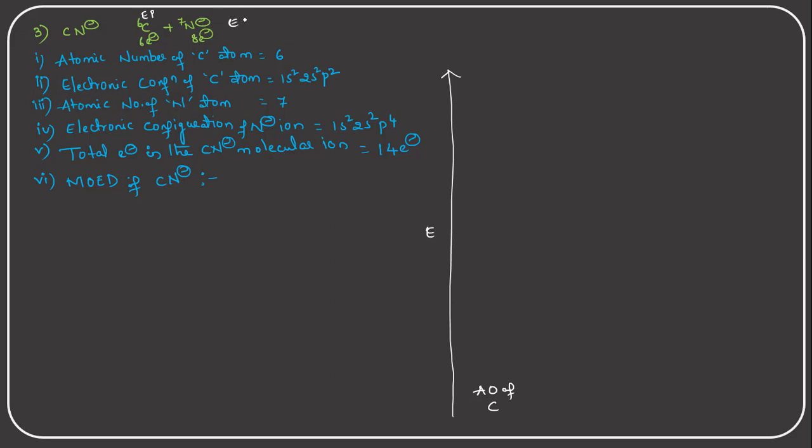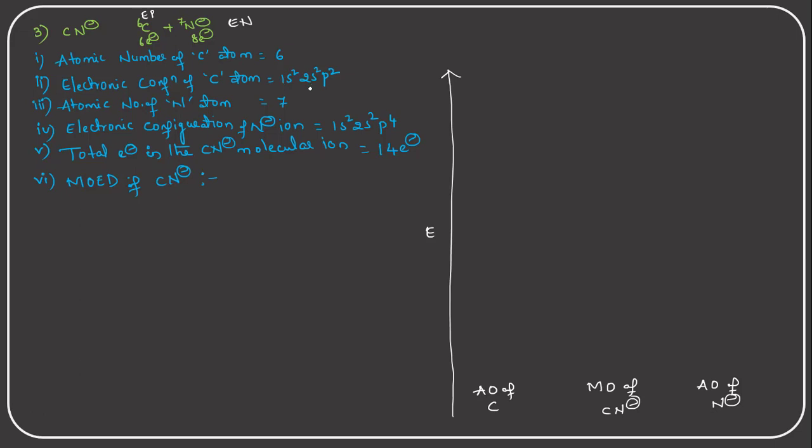Among carbon and nitrogen, nitrogen is the electronegative atom and carbon is the electropositive atom. So that is the reason I am taking the atomic orbitals of carbon on the left side and the atomic orbitals of nitrogen on the right side. So nitrogen minus ion on the right side, and in between I am writing the molecular orbitals of the cyanide minus molecular ion.